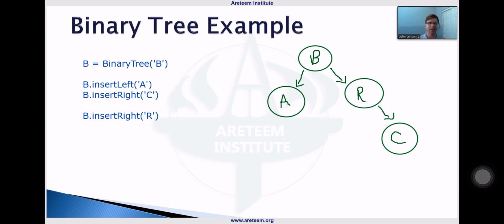So when we're inserting on the right, everything is shifting to the right. Could you do this differently? Yes, but I'm doing this in a way that will match our implementation.